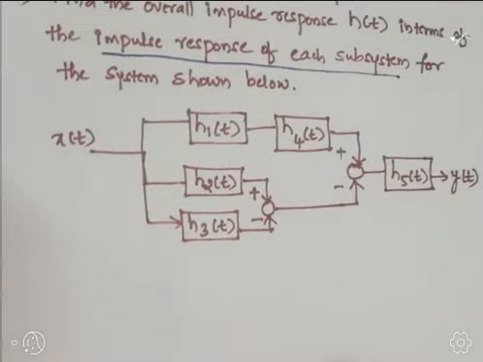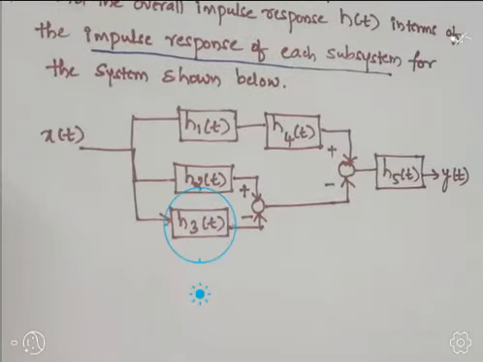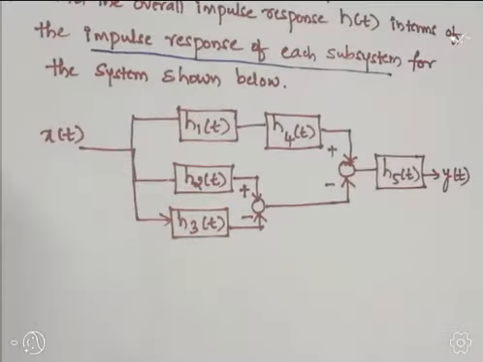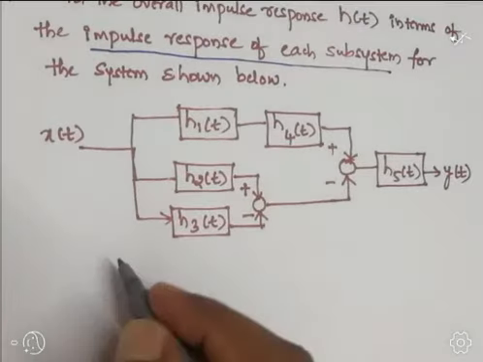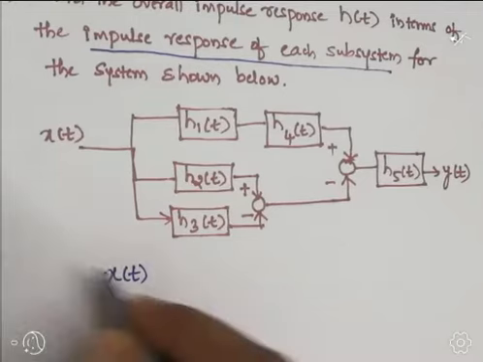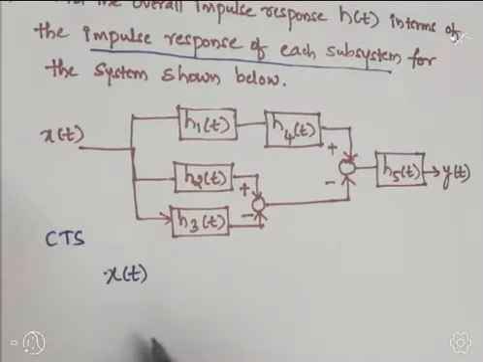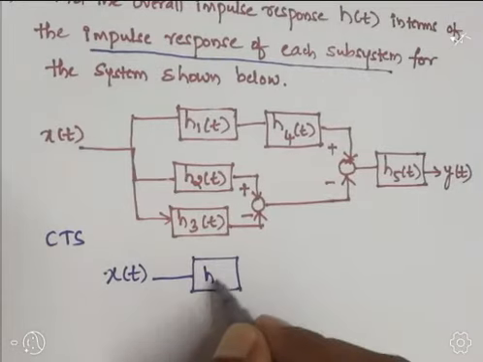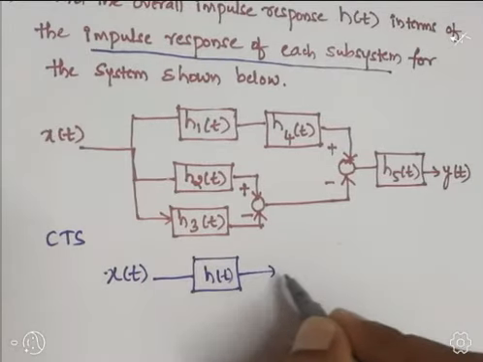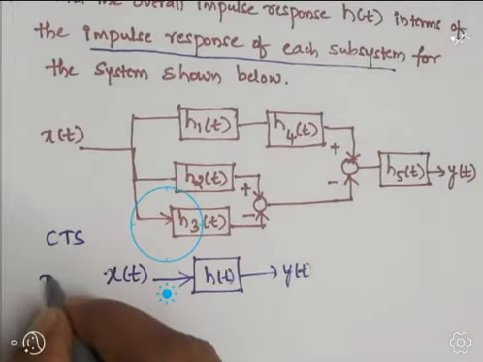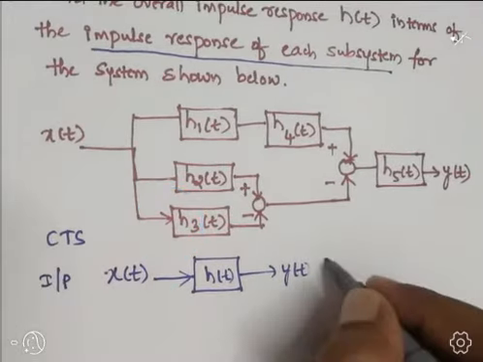We know that a system may be a continuous time system or a discrete time system. We are representing it like this. Here in this given system, it is a continuous time system. We already discussed h of t, and we are finding y of t, where x of t acts as the input of the system and y of t acts as the output.